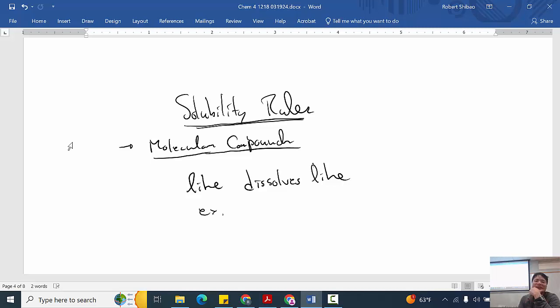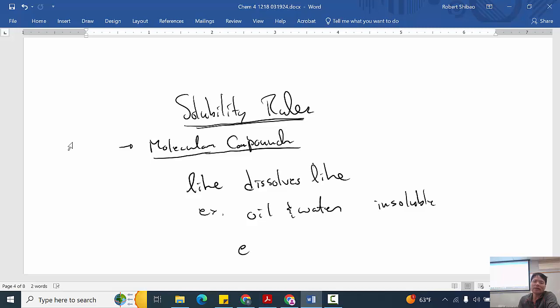An example would be oil and water. There are certain structural features in oil and water that are quite different, and so oil and water are what we call insoluble in one another.